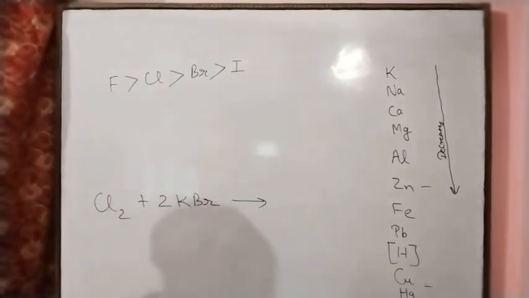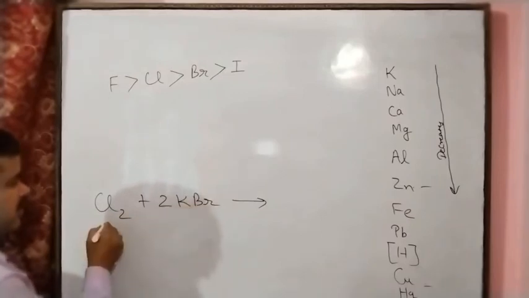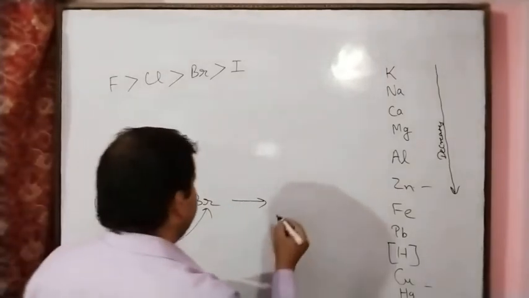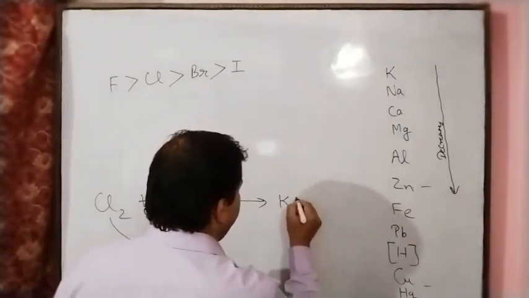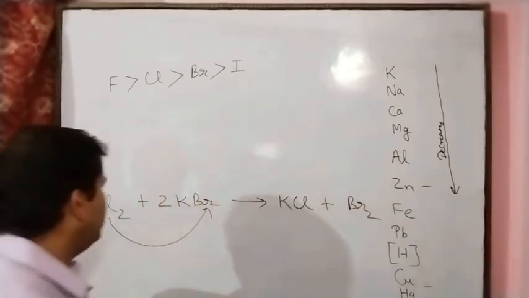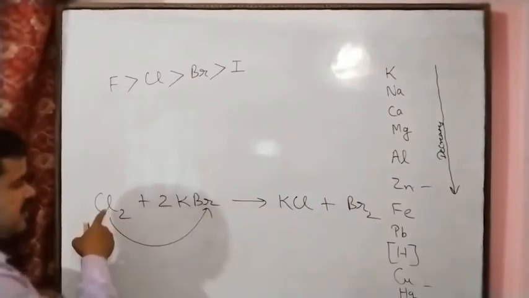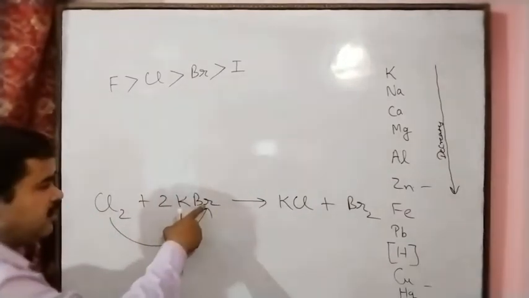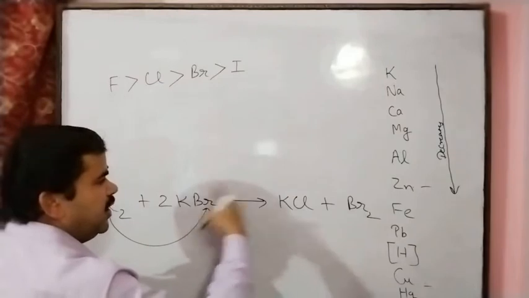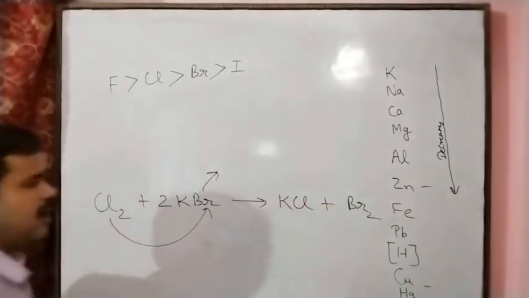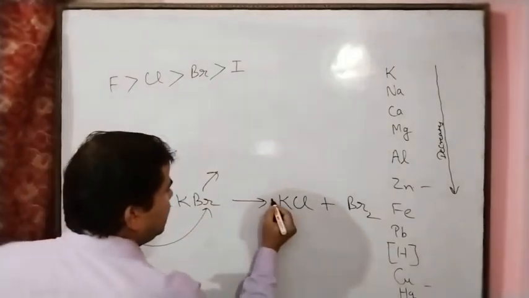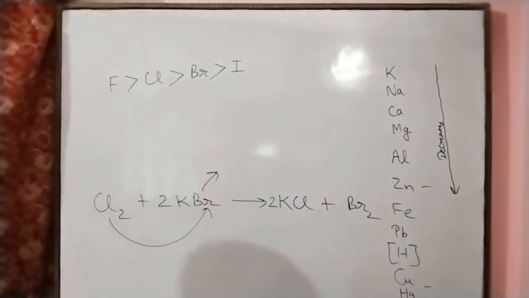So in this case chlorine's reactivity is more than bromine's, and chlorine displaces bromine. We get the compound KCl plus Br2. Chlorine occupies the place of bromine, we get KCl, and the displaced bromine gives Br2. After balancing we get 2 KCl plus Br2.